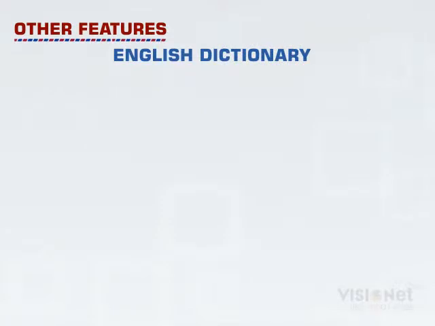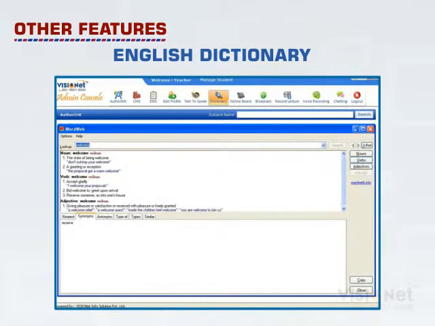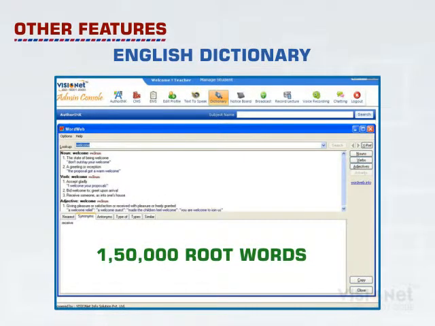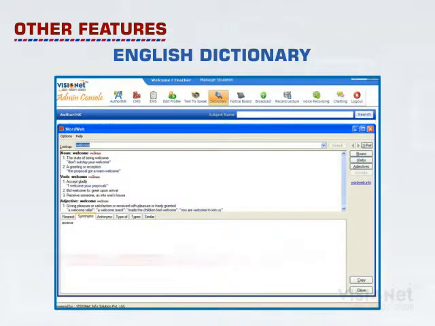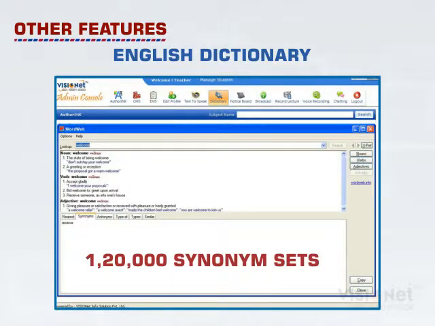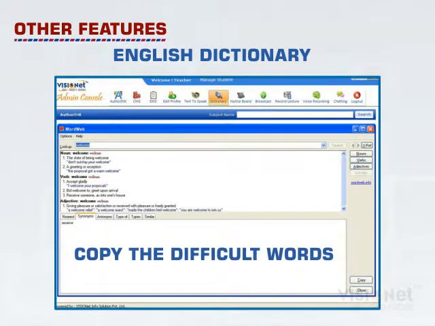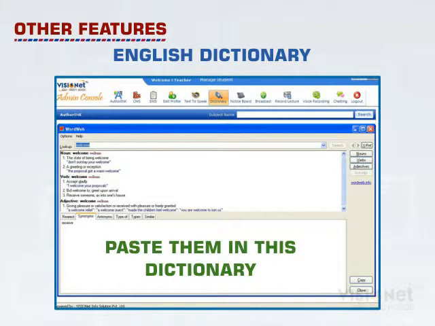English Dictionary. Browse through 1,50,000 root words and 1,20,000 synonym sets and related words. When on computer, all you need to do is to copy the difficult word and paste it in this dictionary.